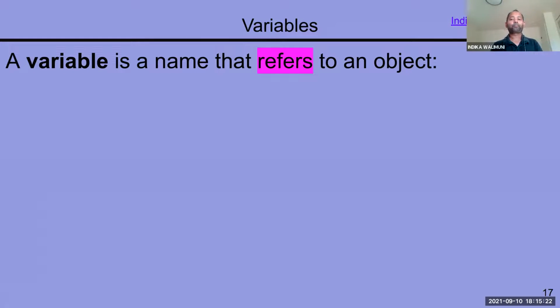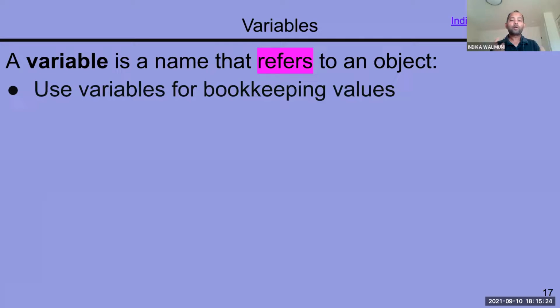Okay. All right. So use variables for bookkeeping values. If we use a value and want to use it again and again, we have to repeat it, right? So for example, let's say you have a value that is a paragraph of text, let's say five lines of text.